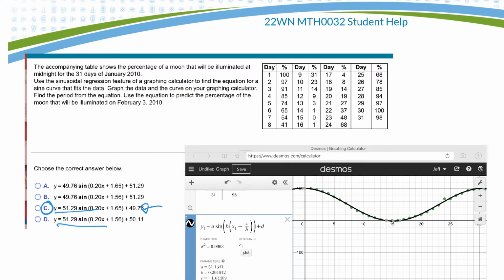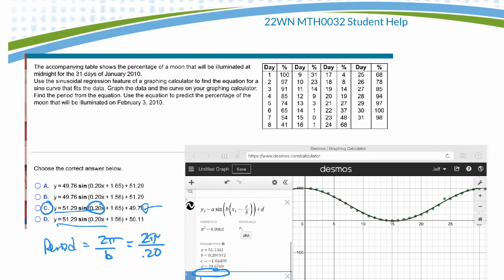Find the period. Okay, so to find the period of any function, it's 2 pi divided by b. So if b is 0.20, what do I have? I have 0.20 as well. So if b is 0.20, I'm going to take 2 pi and divide it by 0.20. So what will that come out to? Guess we can do that in Desmos. Whatever 2 pi divided by 0.2 is.